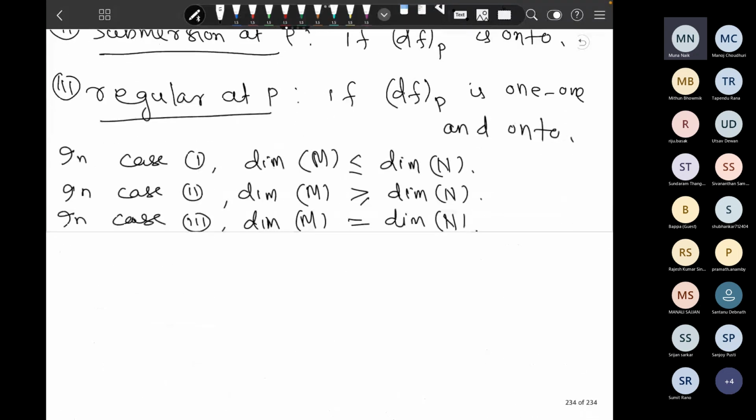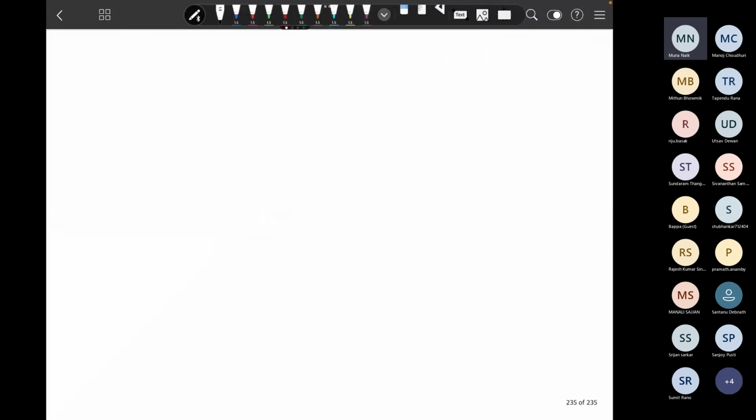Okay. So now we want to define something called a submanifold, and this is a very important thing also. Let M be a smooth manifold.